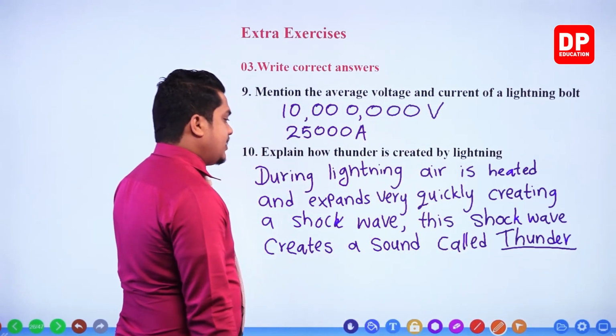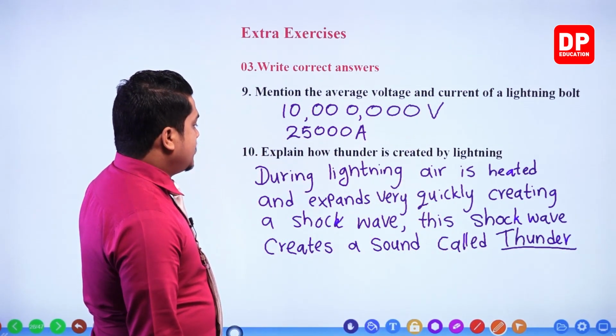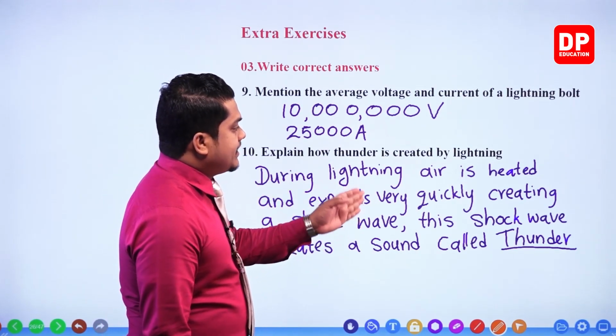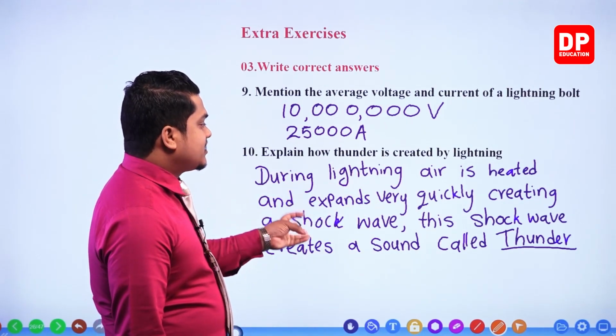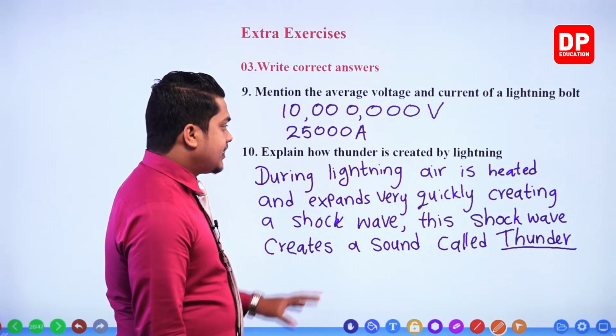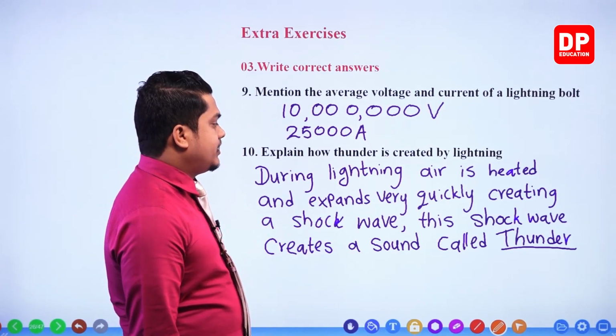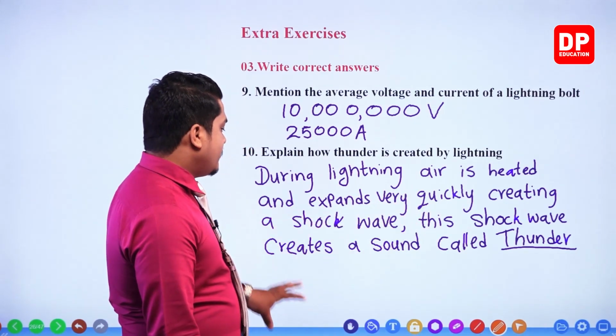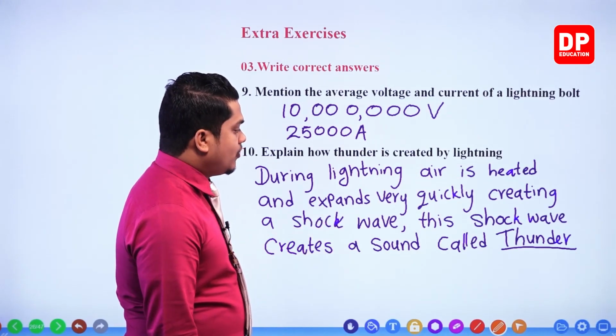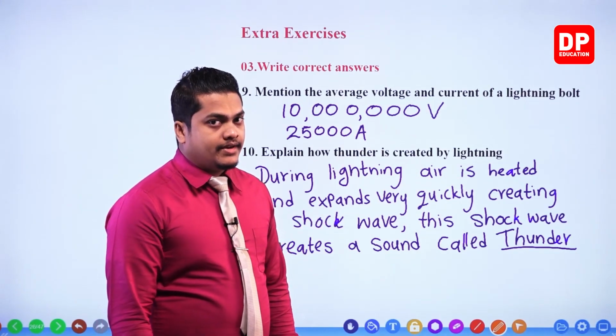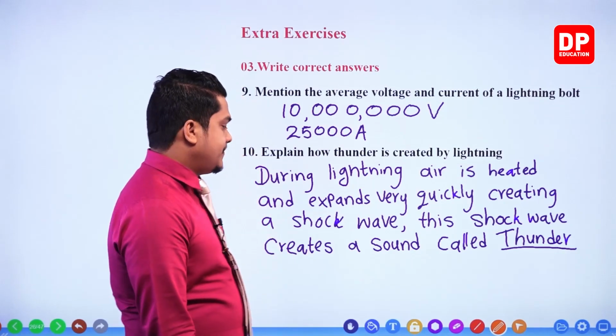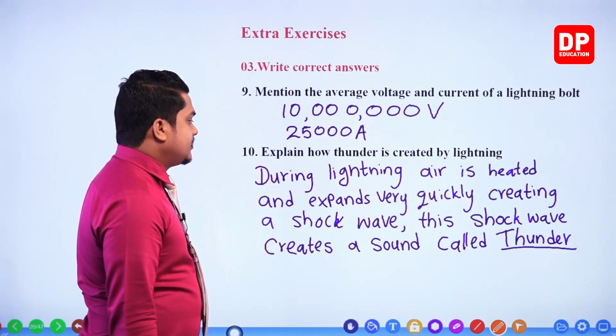So this is how thunder is created. So during lightning, air is heated and expands very quickly, creating a shock wave. This shock wave creates a sound called thunder, right? This is how the thunder is created, right?